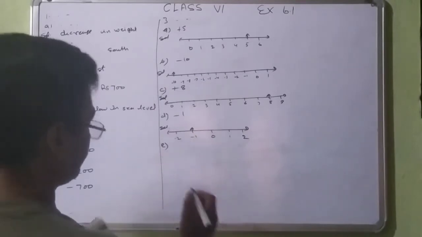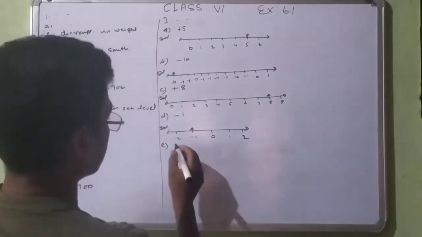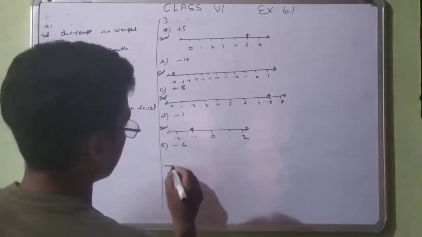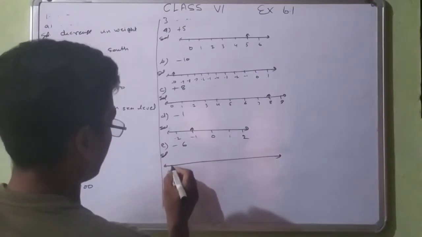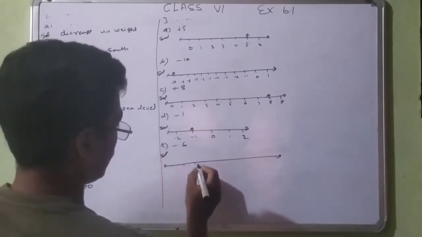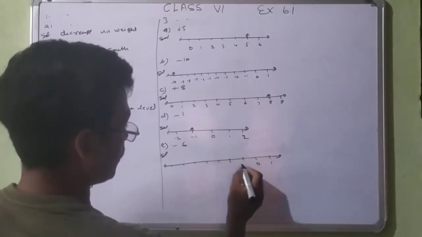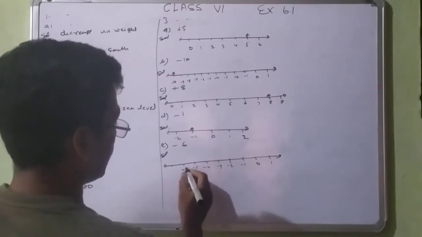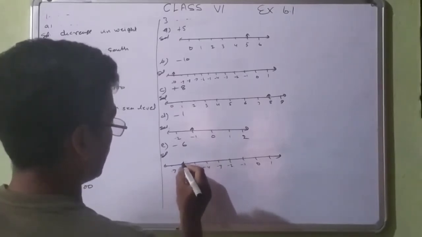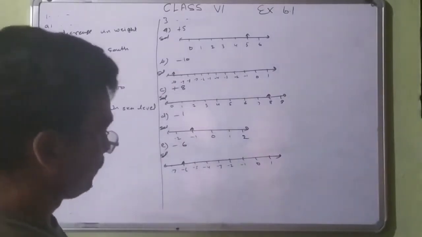E part, minus 6. 0, minus 1, minus 2, minus 3, minus 4, minus 5, minus 6. So this is our answer. By arrow we have shown it here.